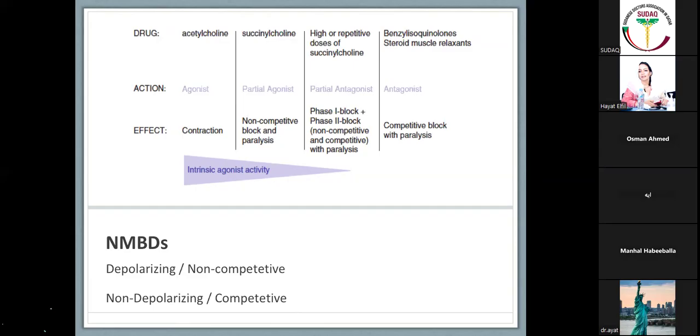So the muscle will remain flaccid for some time until succinylcholine moves away from the neuromuscular junction, and then subsequently it will be metabolized in the central compartment by plasma cholinesterases. What succinylcholine does is what we call a non-competitive block and paralysis.